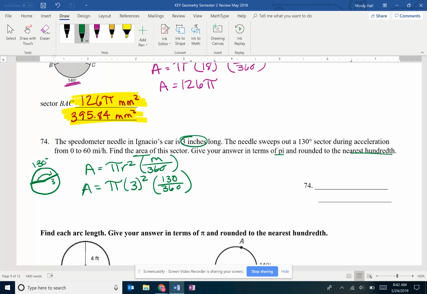So 3 squared times 130 divided by 360 is 3.25 pi. So then if I were to actually multiply pi in, 3.25 times pi is 10.21.